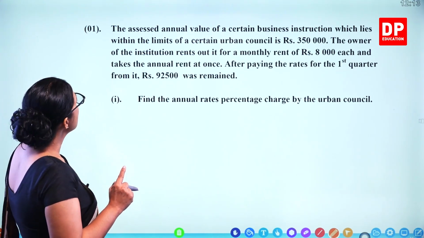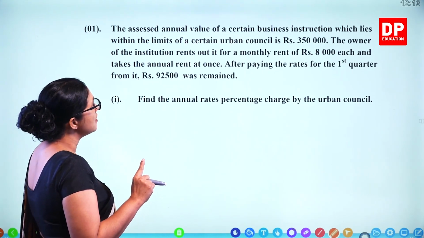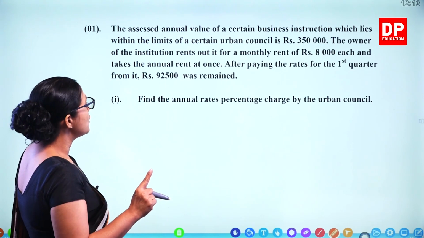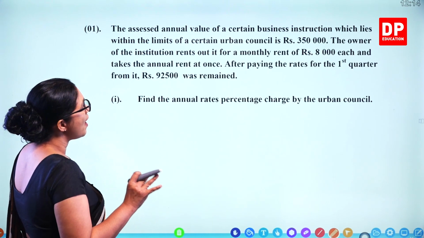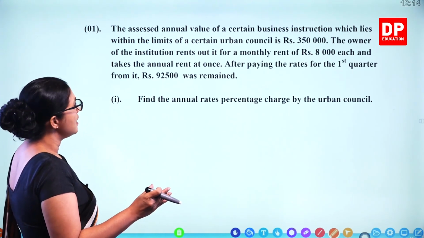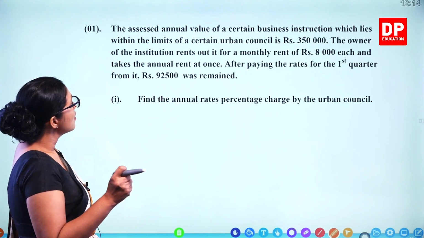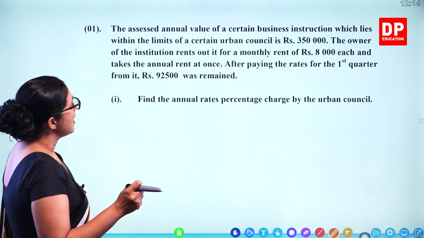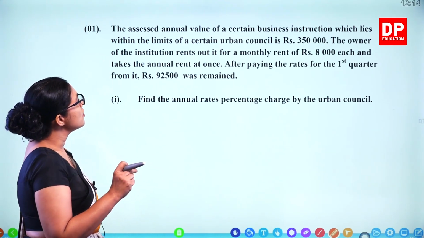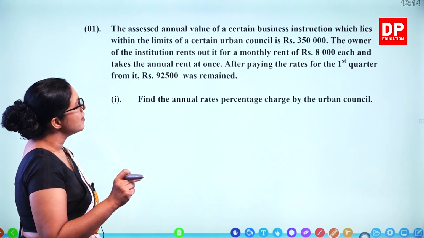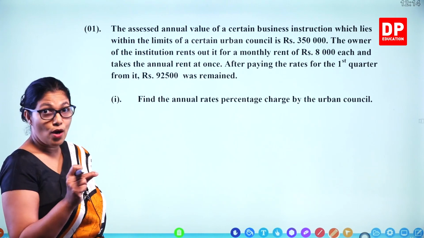So what's the assessed value? It says the institution lies within the limits of a certain urban council, 350,000. That's the assessed value. The owner rents it out for a monthly rent of 8,000 each and takes the annual rent at once. After paying the rates for the first quarter, 92,500 remained. So we have to find the annual rates percentage charged by the urban council.